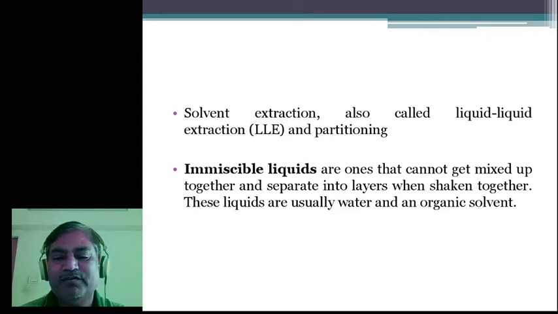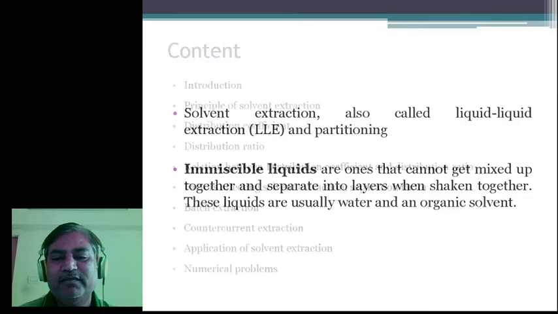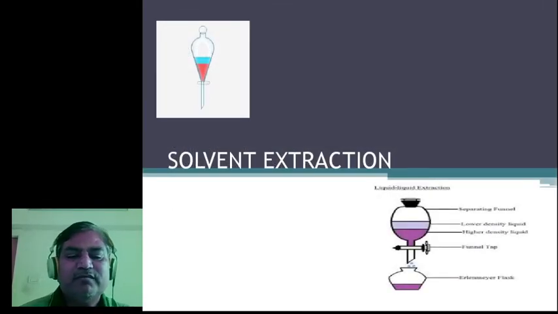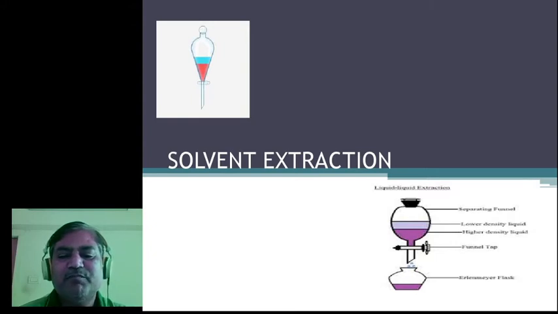Now first we see how it works. Let's see the first slide. In solvent extraction process, the simple apparatus which we are going to use is known as a separatory funnel.